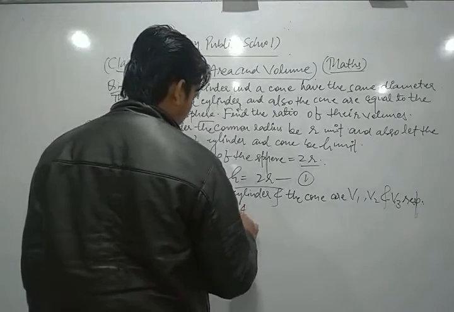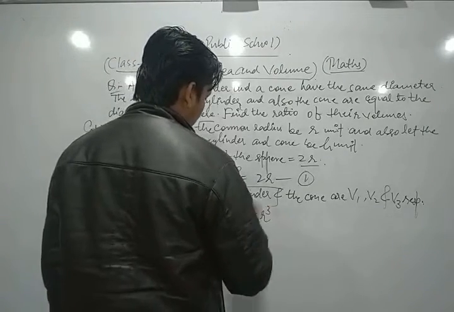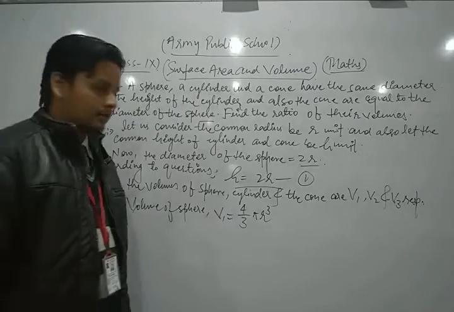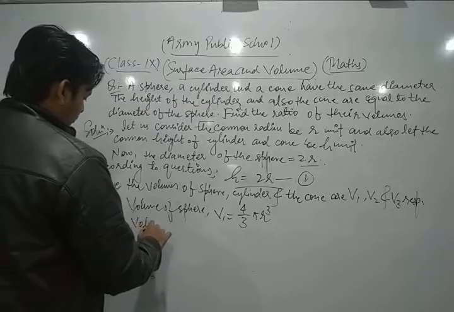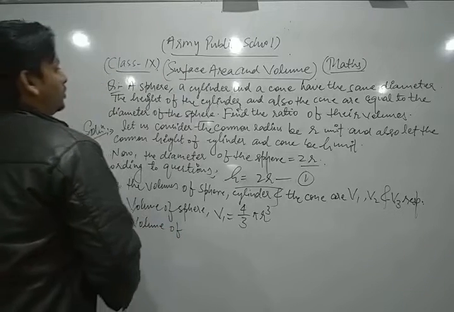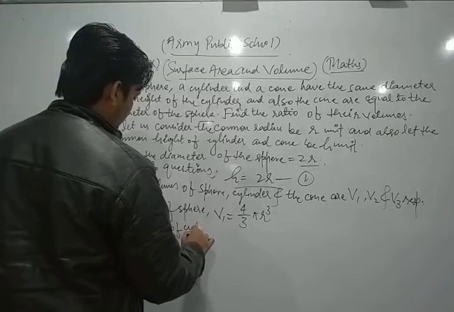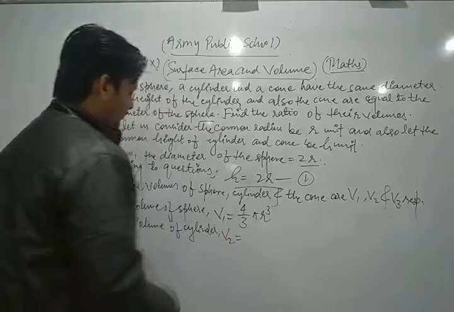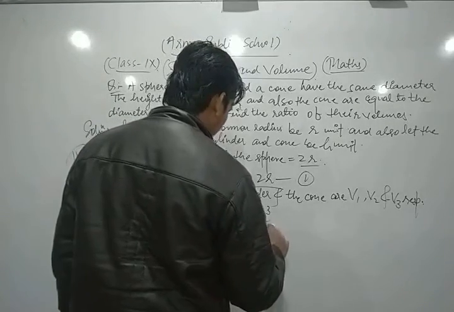This is the volume of the sphere. And the volume of the cylinder, that is V2, is equal to pi r square h.